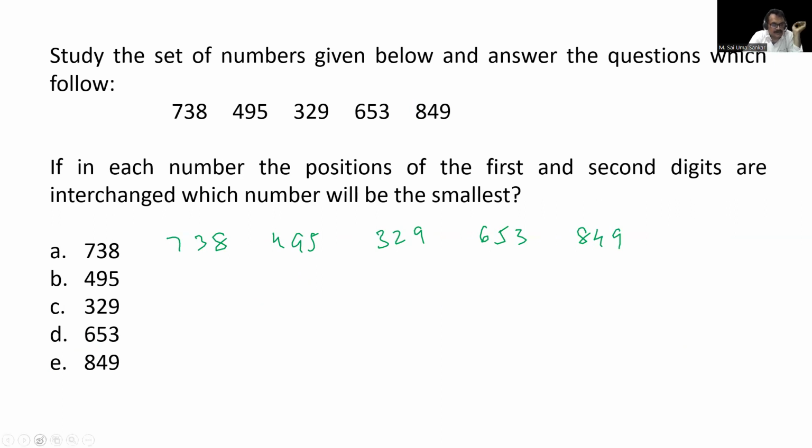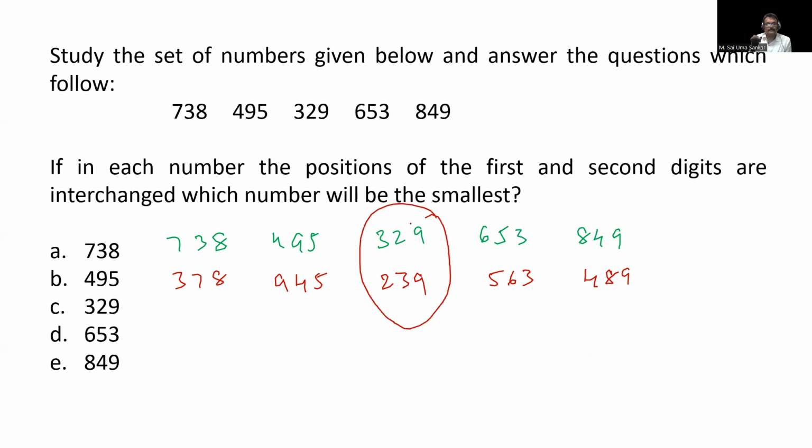If the first and the second digits are interchanged, then what happened? This is equal to 378. This is equal to 945. This is equal to 239. This is equal to 563. This one equal to 489. Now what we require? Which number will be the smallest number?